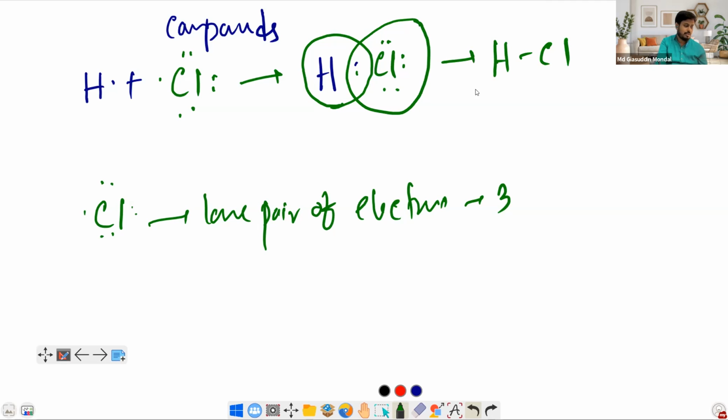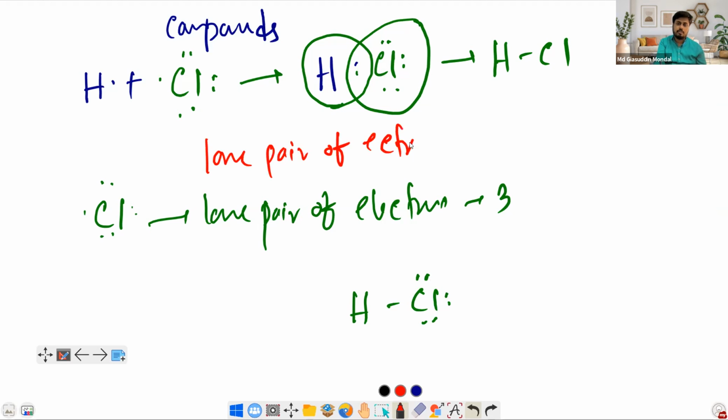Now tell me, how many lone pairs of electrons are present in the HCl molecule? 4. No, it's 3 because the bond is already formed. 3, sir. If you can say, then these 3 are there. So again the same thing we can write: the lone pairs of electrons in the HCl molecule is 3.